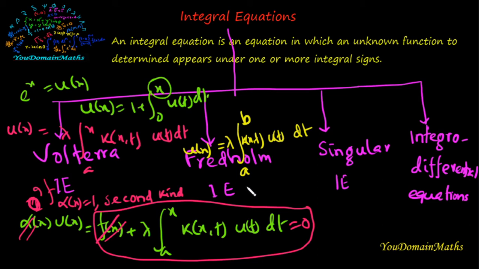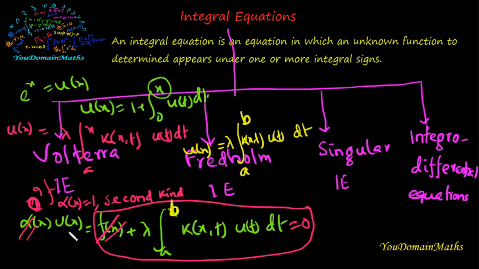We can write the standard form of the Fredholm equation like the Volterra integral equation. When we replace x in the upper limit by the constant b, then this equation is converted to a Fredholm integral equation.